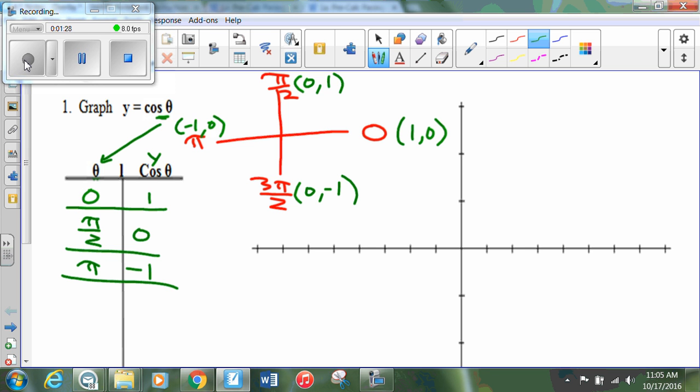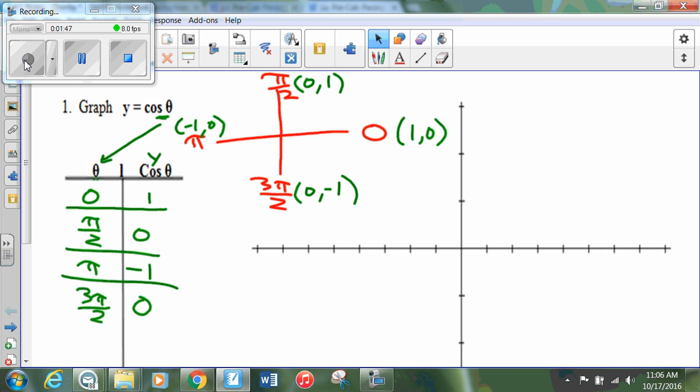And cosine of 3 pi over 2, 0. I'm taking them from the unit circle. So these are the angles, 0, pi over 2, pi, 3 pi over 2, and the answers for cosine of those angles are in the second column.